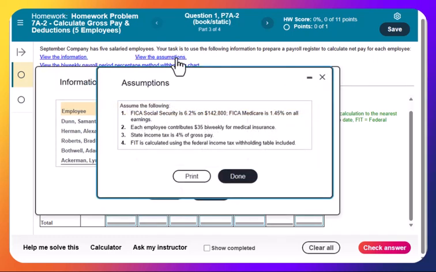So it's reminding you that Social Security is 6.2% on the first 142,800 of earnings, and that Medicare is 1.45% on all earnings. And then number 2, that there is a $35 medical insurance that comes out each biweekly pay period. The state income tax is 4% of the gross pay, and the federal income tax is calculated using the withholding table that's included back here.